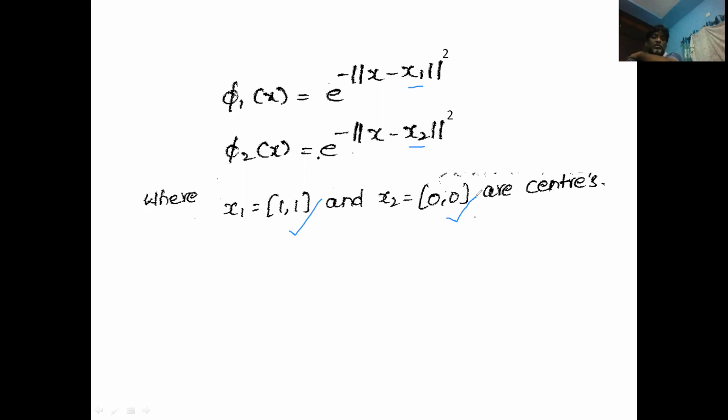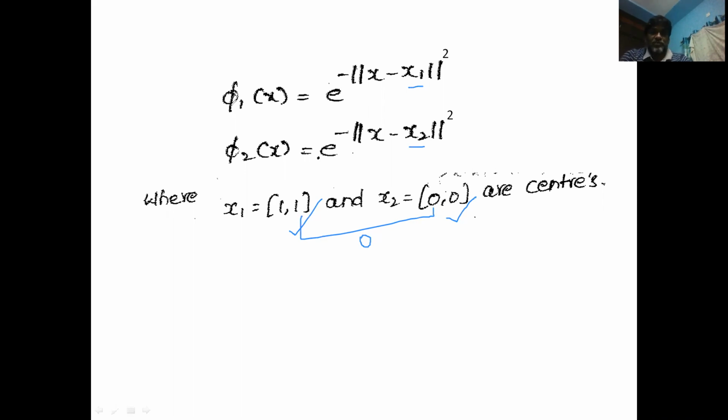You need to pick the centers that represent the same output value. We know that 0 0 and 1 1 both represent output class 0. Therefore you should pick the centers as the same class input patterns, or else you can go with 0 1 or 1 0, as I explained in the previous class also.